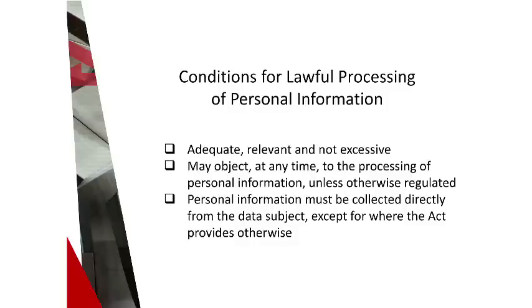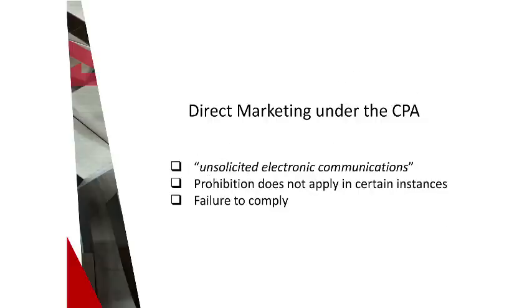So these rights of the data subject include the following: the right to be notified that personal information about him is being collected, the right to be notified that his information has been acquired or accessed by an unauthorized person, to object to his personal information being processed, to not have his personal information processed for purposes of direct marketing by means of unsolicited electronic communications, and then also a right to submit complaints to the regulator.